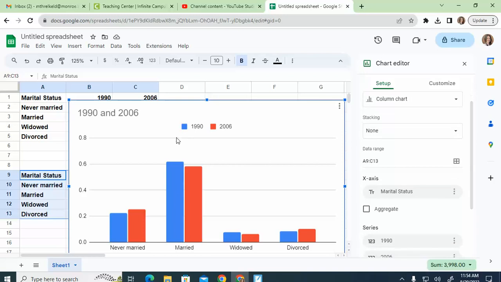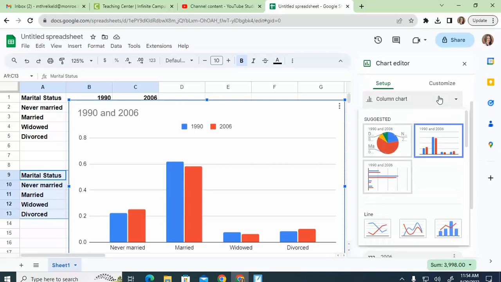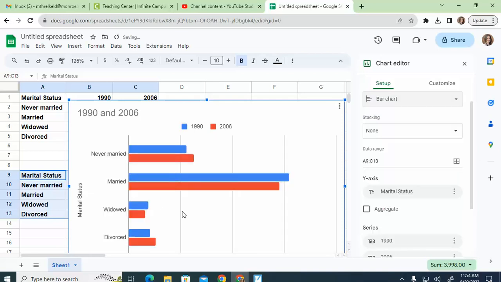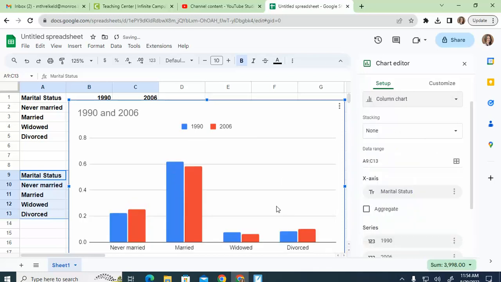It's got the years, it has a legend, blue is 1990, the red is 2006, and it puts them side by side. Sometimes, depending on how we want our format, we could do a horizontal chart like this. You might do that if you have a lot of words for your labels and you need more space for those. But that is what a side-by-side bar graph looks like. We have two sets of data going right next to each other. All right. Is this okay?